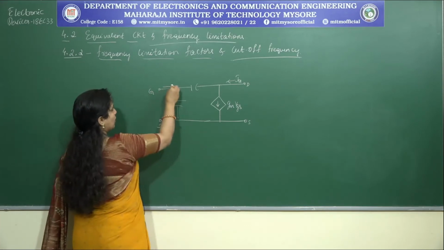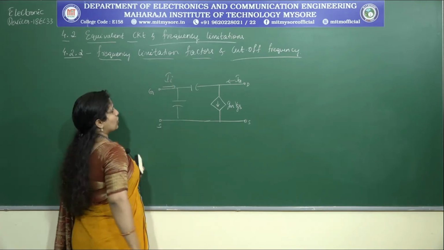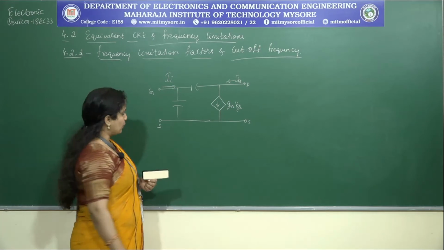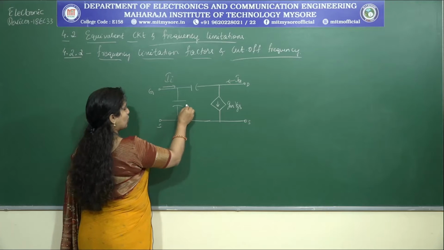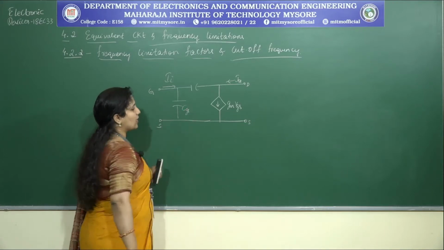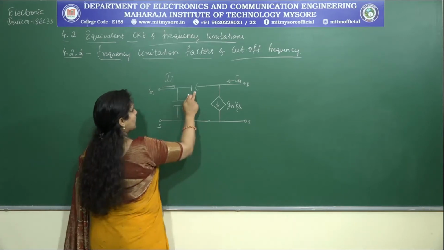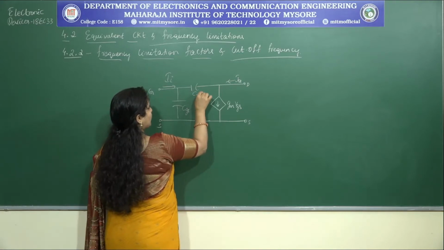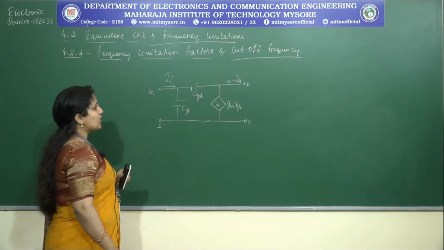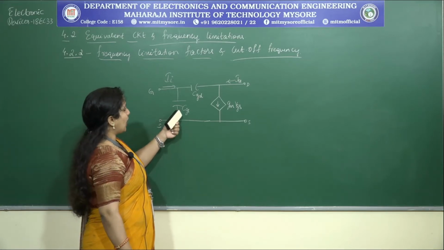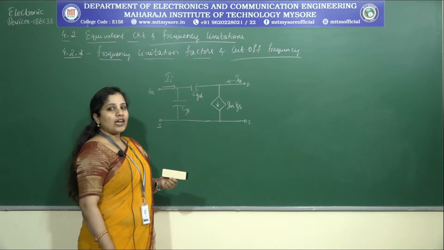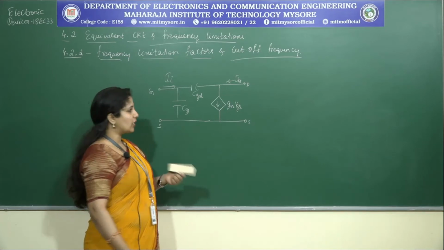Now, let me consider a current called II, which indicates the input current. Now, what is this capacitance? This is the capacitance between the gate and the source. Therefore, let me represent this capacitance as CGS, and this capacitance which is between the gate and the drain as CGD. Done. Now, based on the time that it requires to charge the capacitors, what happens to the delay that is involved?